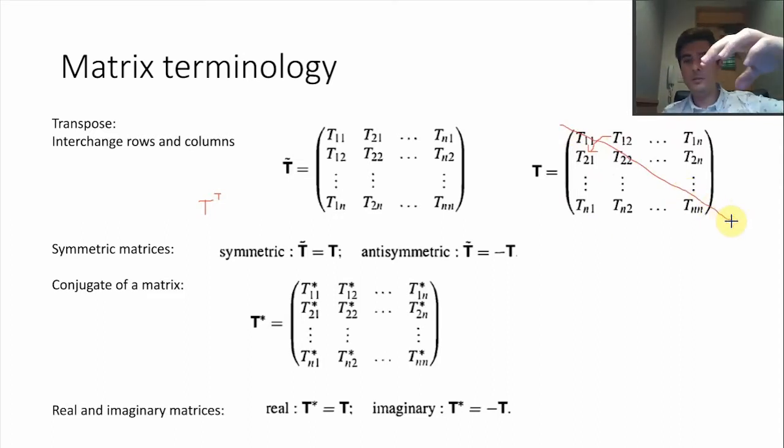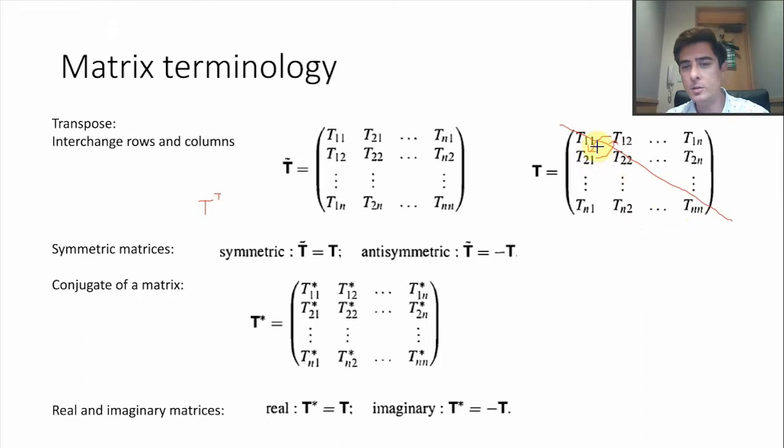Along that axis that I'm drawing there, you are interchanging the rows and columns, so that T12 goes into that spot and T21 goes into the spot where T12 was.